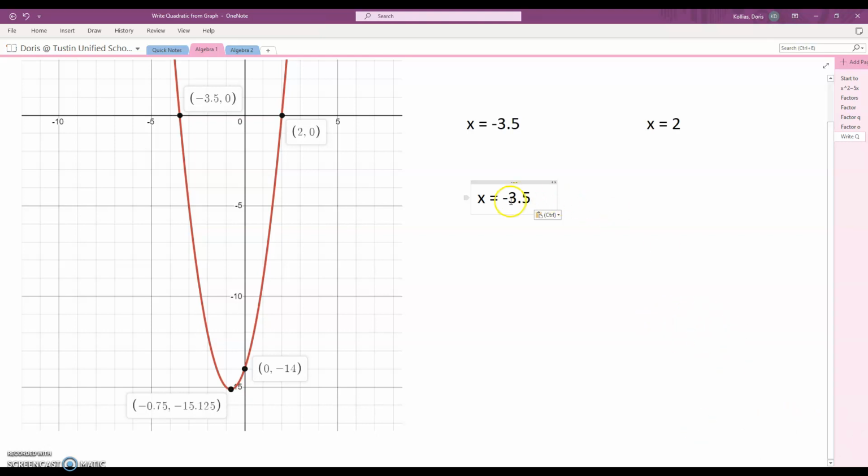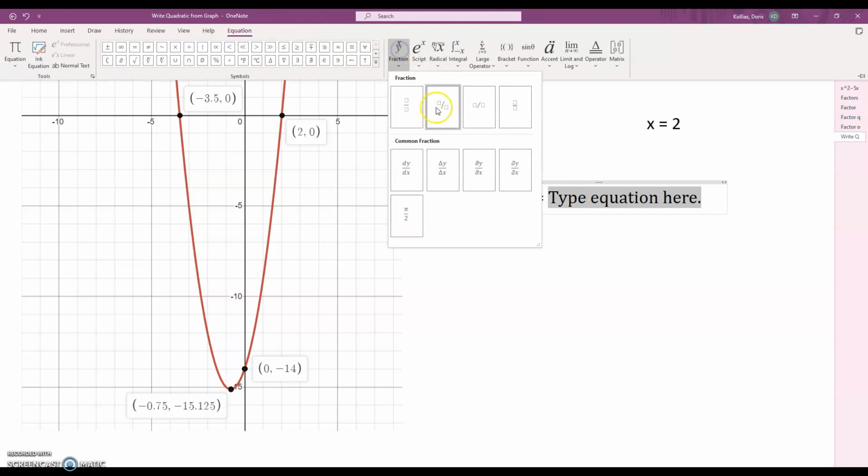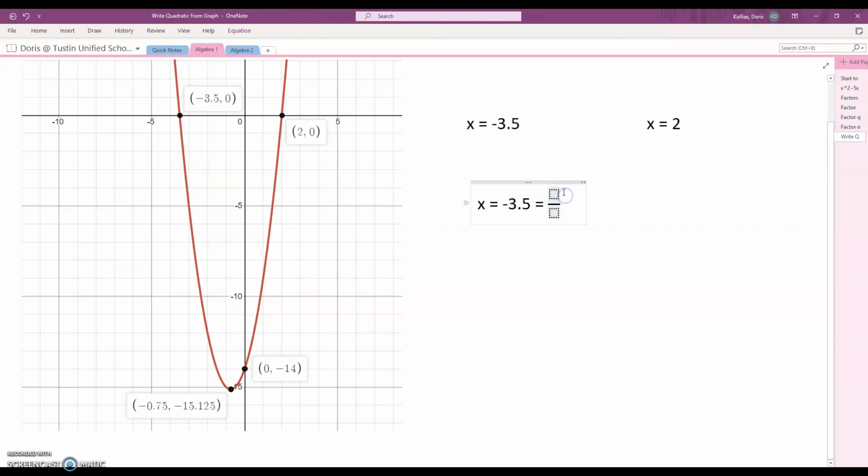Negative 3.5 ends in the tenths place, so that is going to equal the same thing as negative 35 over 10, because it does end in the tens place.